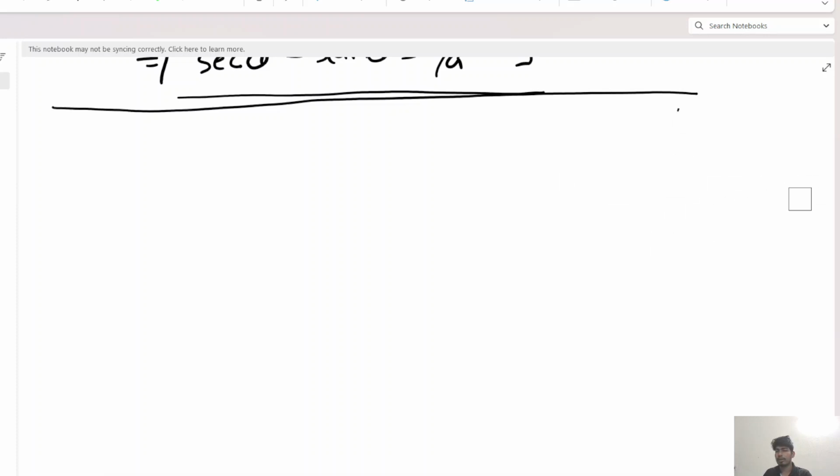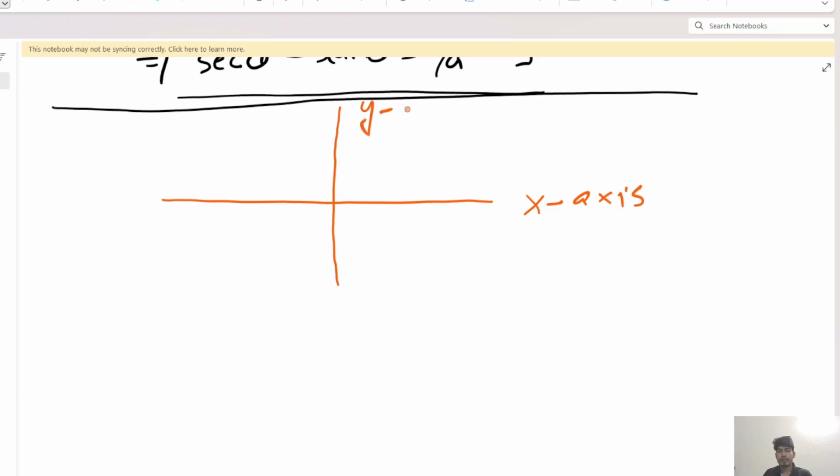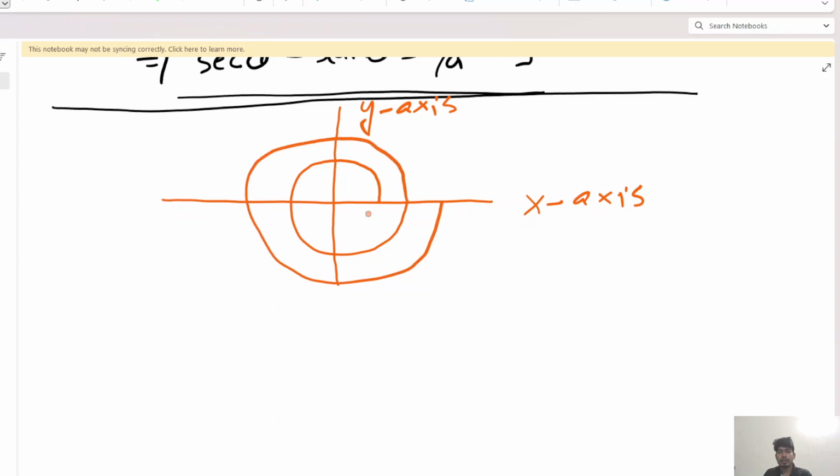Let this be our y axis and this be our x axis. Then we start with 0 and this is the angle of 360. Then here this value is 0, 2 pi, 4 pi, and here minus pi, minus 2 pi similarly.